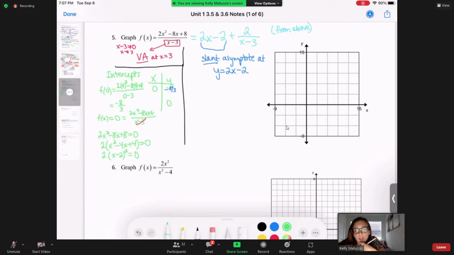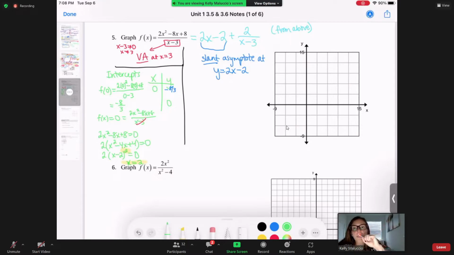You could use the quadratic formula if you couldn't factor, but here it factors nicely. So x equals 2 is my x-intercept, and because it happens twice, this little 2 means the point occurs 2 times.